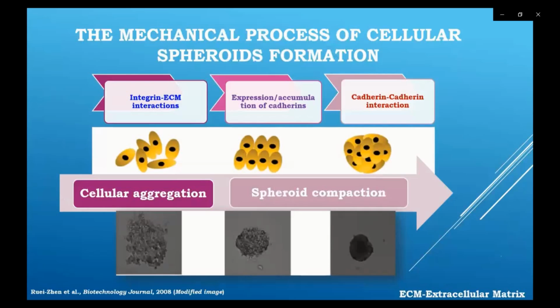In spheroid compaction, we have cadherin, which is another ligand protein on the surface of the cells. In the first stage we have an expression and accumulation of cadherin on the surface of cells. And in the last stage we can see the formation of cadherin-cadherin interactions, bringing the spheroid together and making it more compact.